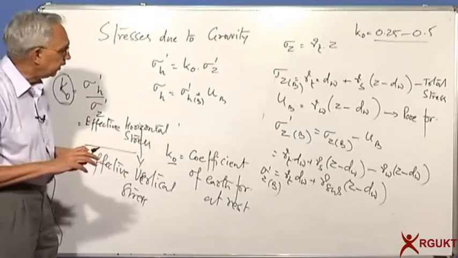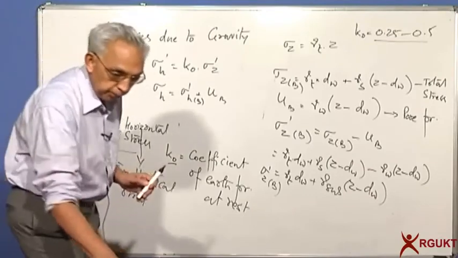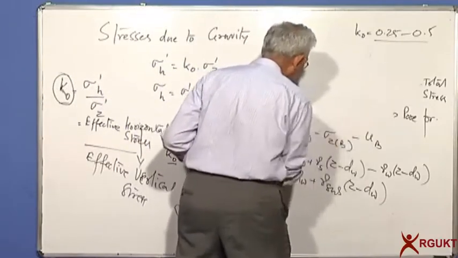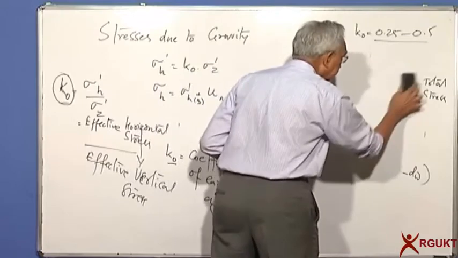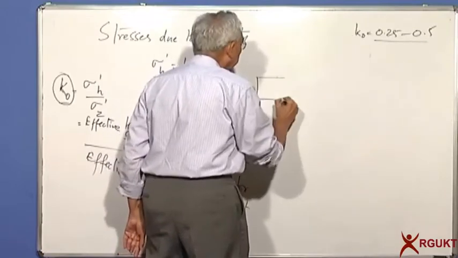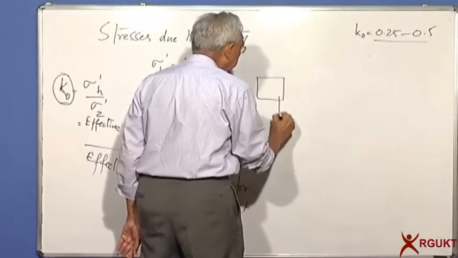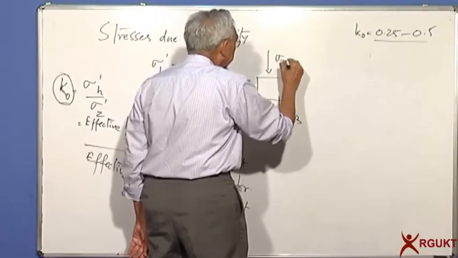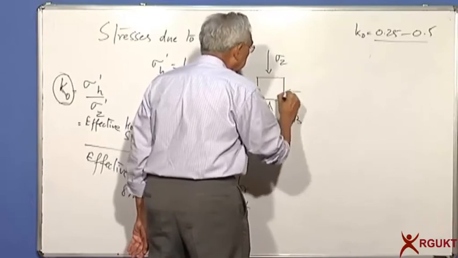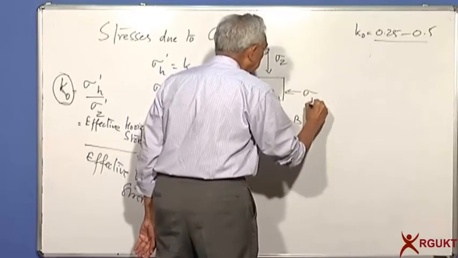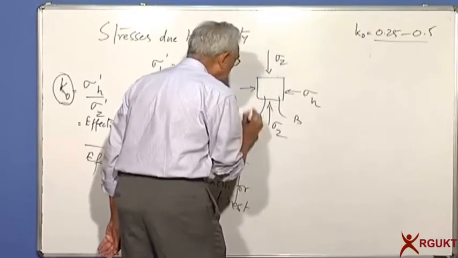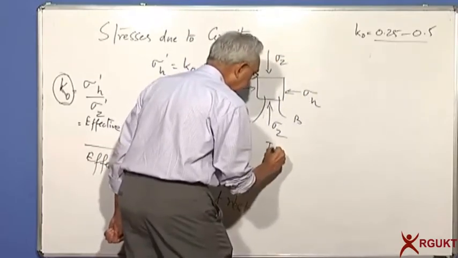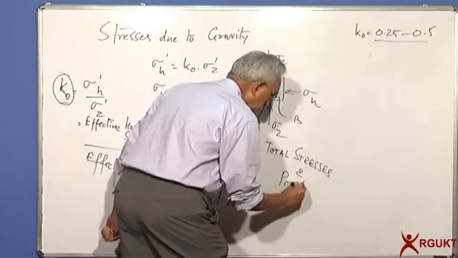So what finally you can say is that at a point in the ground, particularly below water table, we'll have these stresses. If I take a small element, which I am enlarging at point B, we'll have sigma Z, sigma H, and we'll have U, pore pressure. And these are the total stresses and pore pressures.